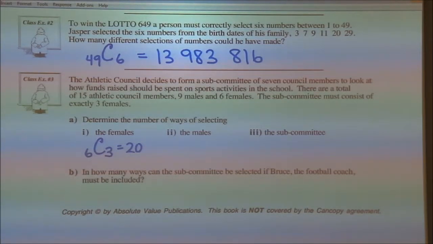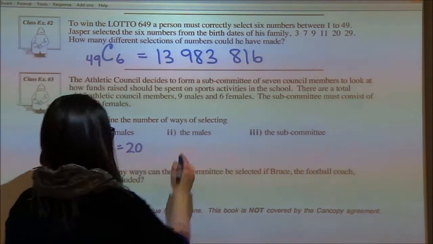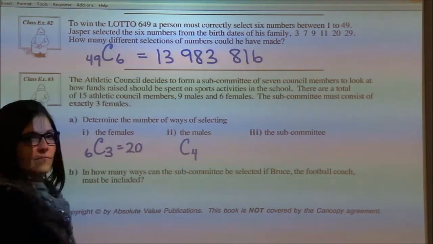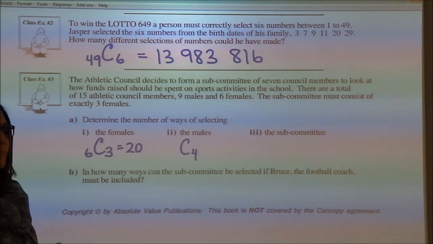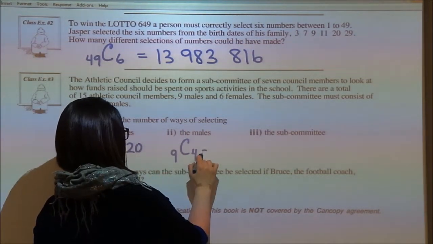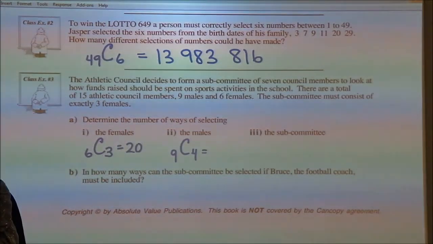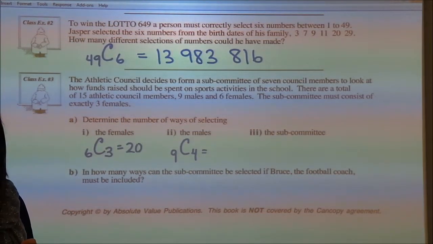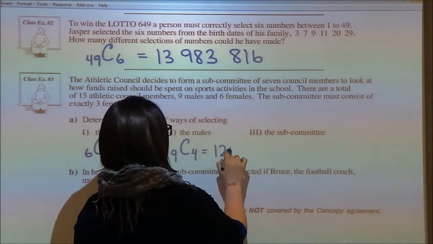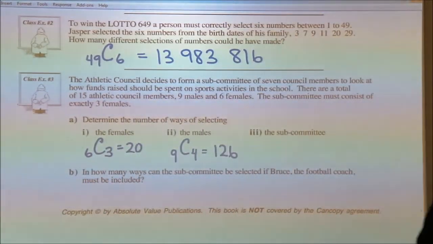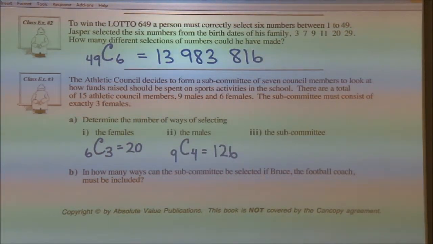We have 4 spots for males, right? So it'd be 9C4. Okay, and how many ways would that be? 126. So how many ways can I form the subcommittee that has to have exactly 3 females?